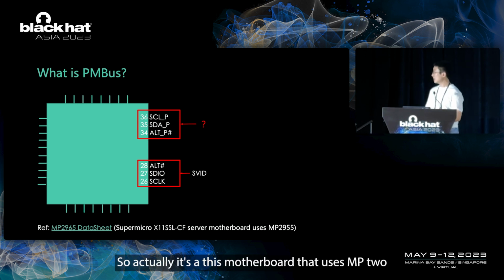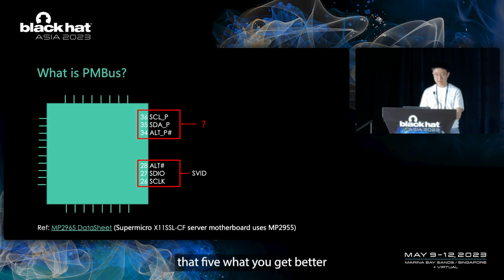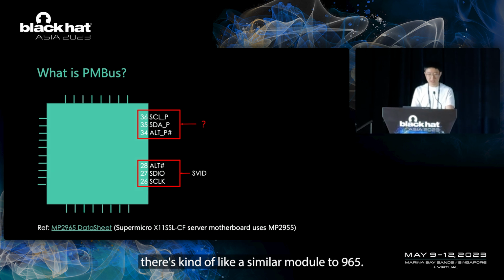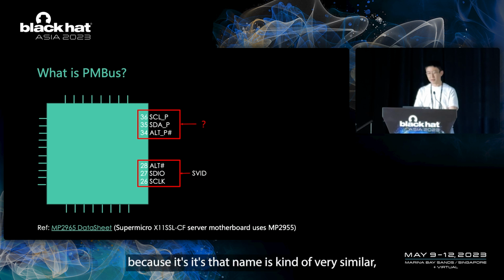This motherboard uses an MP2955 voltage regulator, but we can't find the datasheet. But there is a very similar model, the 2965, whose datasheet we can find because the name is very similar. We think maybe it has the same pins.